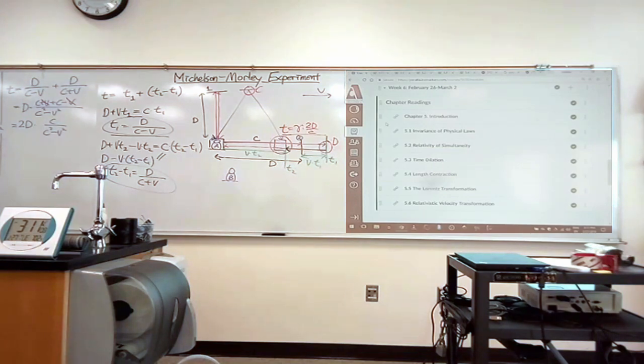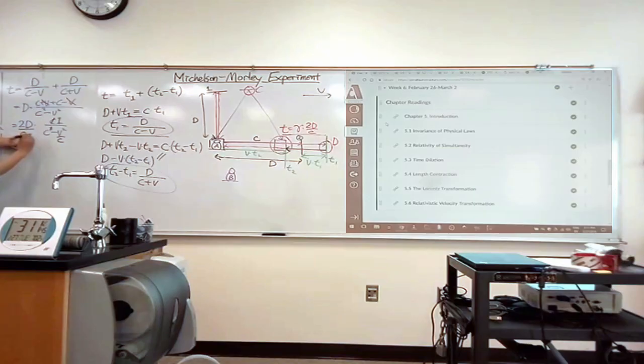Let me do a little bit of factoring similar to what I did before. I'm going to factor out a factor of c on the denominator that doesn't really exist, so let me do it in two steps. Multiply top and bottom of this fraction by 1 over c. That makes the numerator 1 and the denominator c minus v squared over c. And I'm going to factor out this c from the denominator.